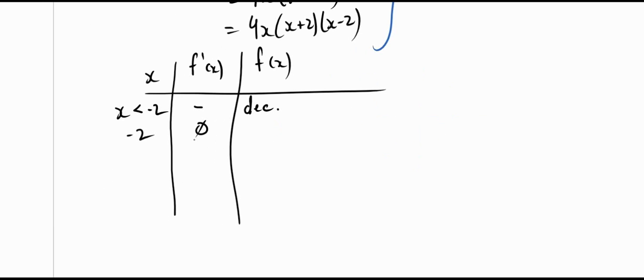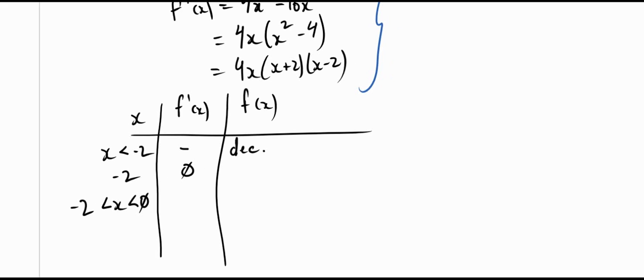At -2, we've got 0, and then from -2 to 0, I pick a value to represent that. So I'm going to pick -1, so I get negative, positive, negative. So two negatives makes positive, and it is increasing here. If it's decreasing and then 0 and then increasing, I can see that we have a local min.